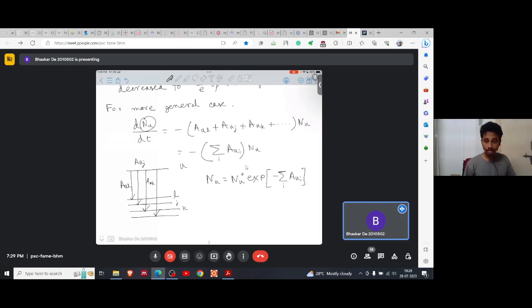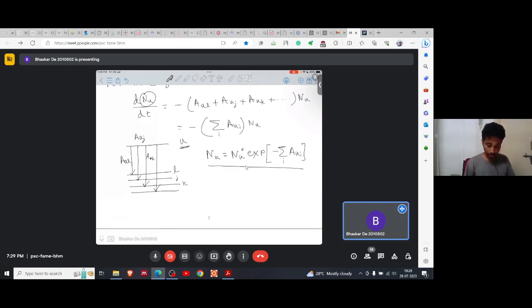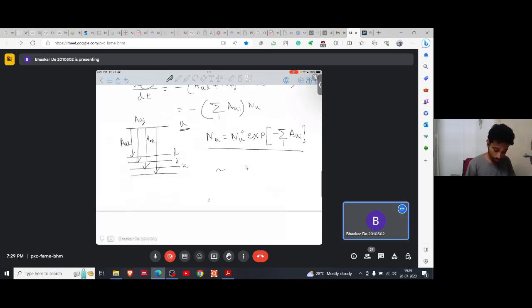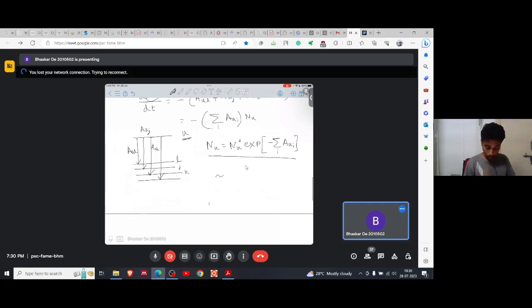So the population density for level u will be n_u equal to n_0u exponential minus summation A_ui t, where n_0u is the initial population density at level u. Now from this we can write down the lifetime. The lifetime is a property of a particular state, that is u, so it should not consider the transitions separately.